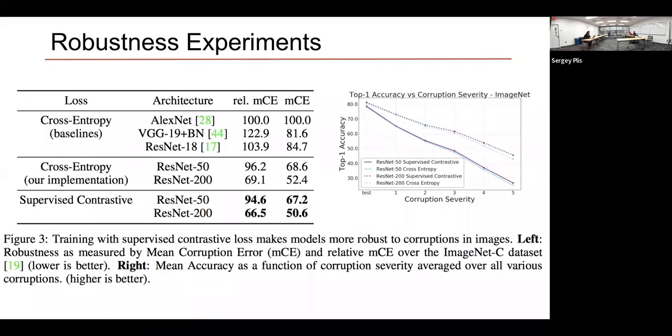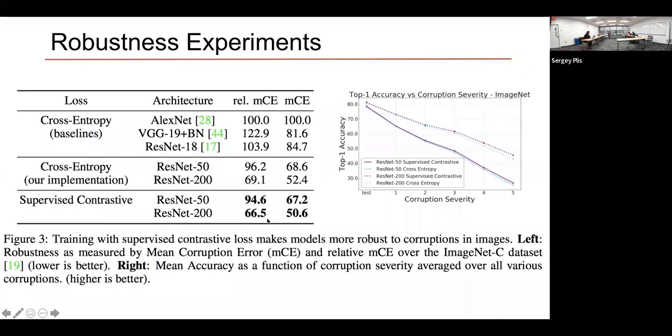So this is the result from their robustness experiments. What they did is they took the ImageNet-C dataset, and the model was trained on the ImageNet dataset, and the test was done on ImageNet-C. That is actually an out of distribution dataset. They use two metrics to compare performance: relative mean corruption error and mean corruption error.